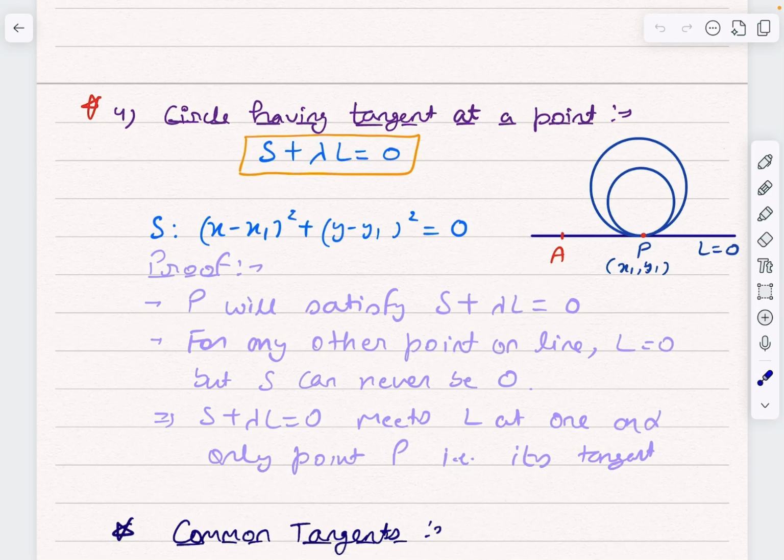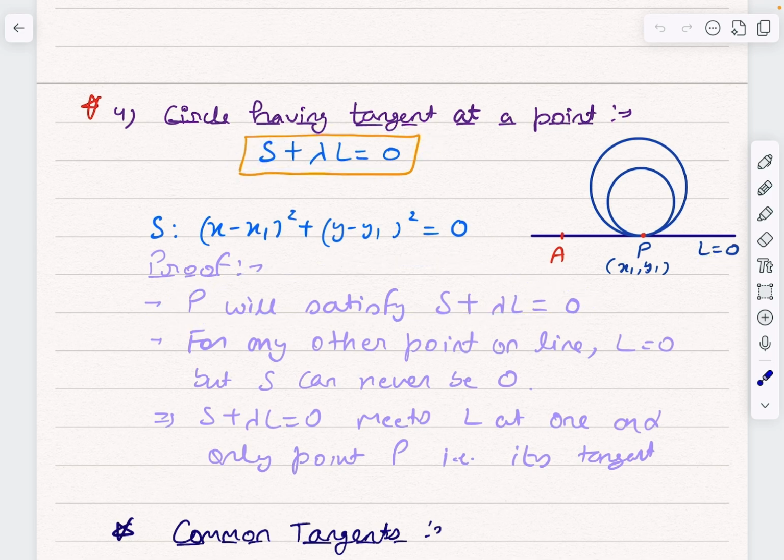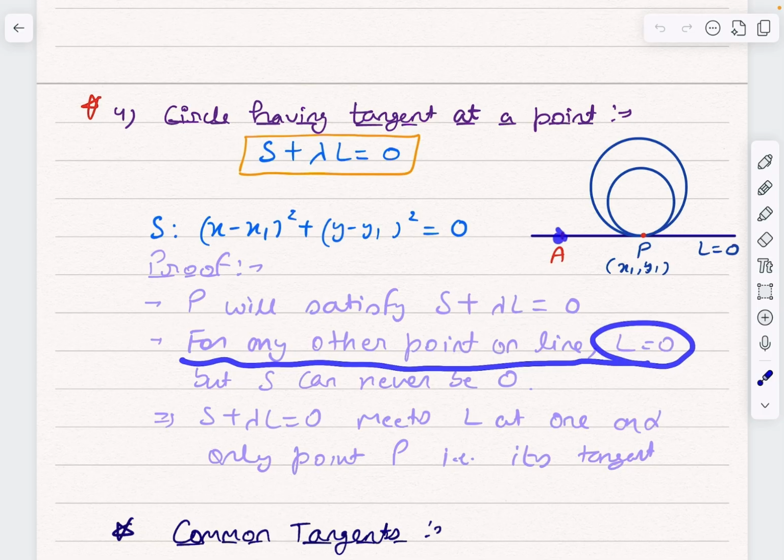So now we can say a line will be tangent to a circle if they have only one point in common. So right now we have proved that P is common to this circle and the line. Now we have to prove that there is no other point on the line which will satisfy the circle. See, for any other point on the line, say this point A, L will be 0, but S will never be 0.